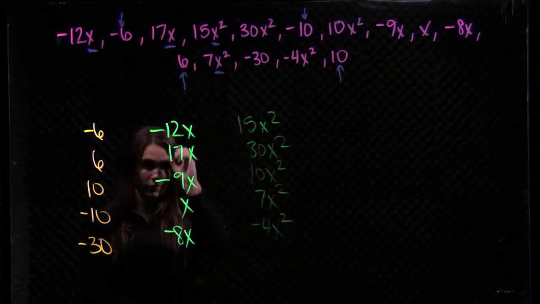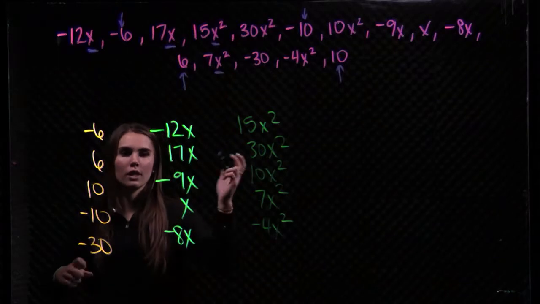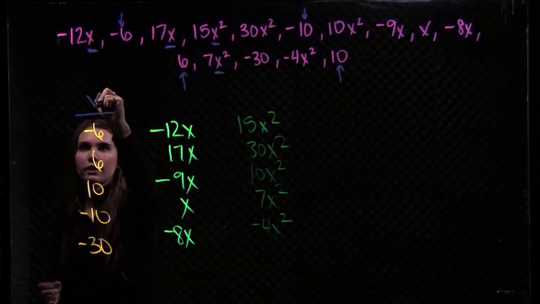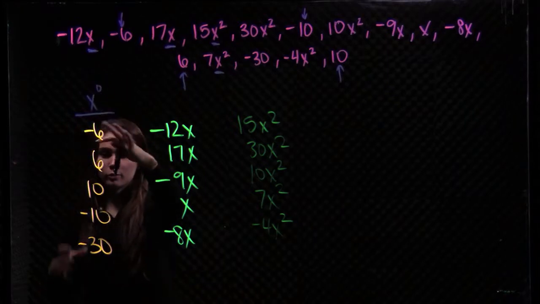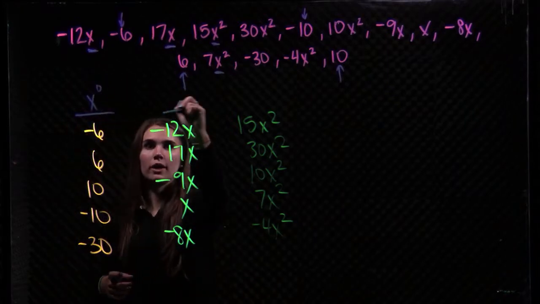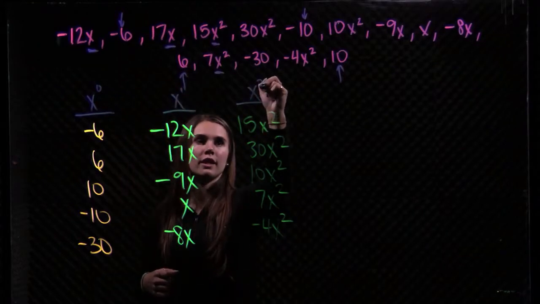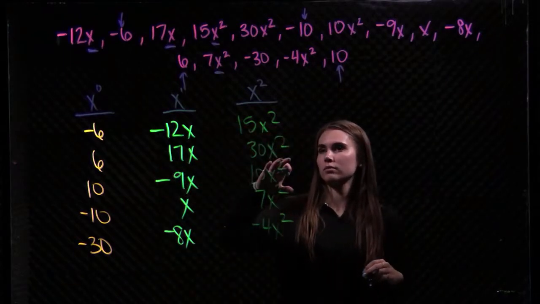So this is kind of grouping them based on the degree of the x value. So in this group, technically our x value, or our degree of our x, is 0 because we don't have an x in here. This one is the degree of 1, and this one, the degree is 2. So this is kind of how some of you grouped it.